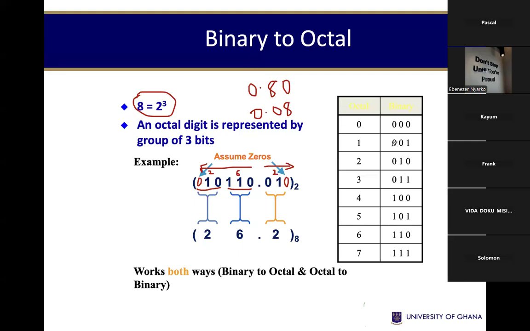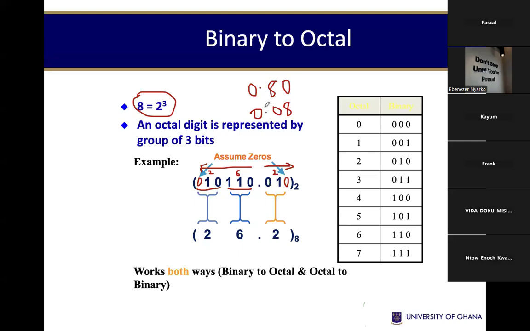For the right side, you mean 0.001? Is that what you are saying? Yes, please.